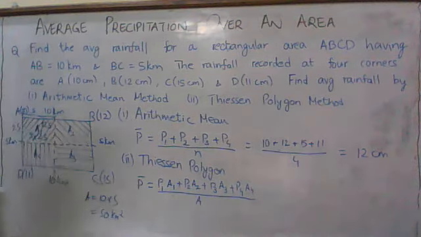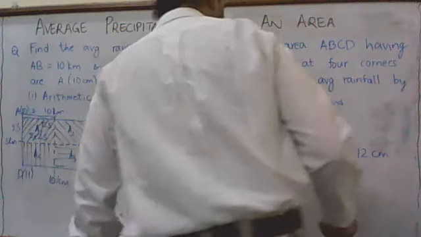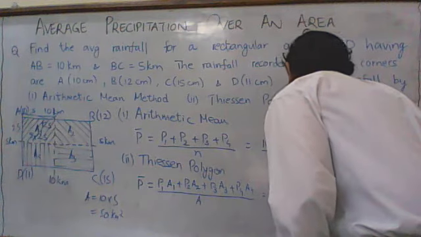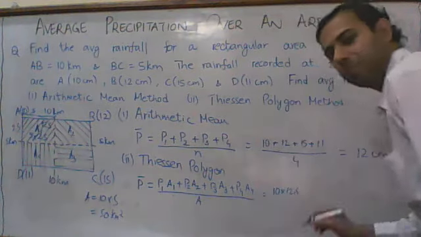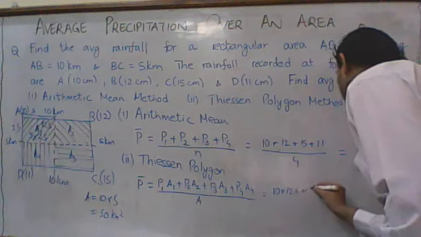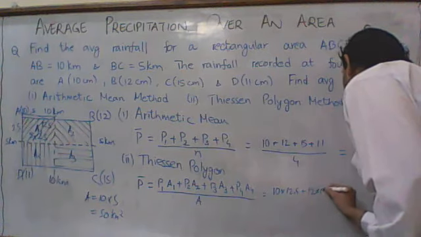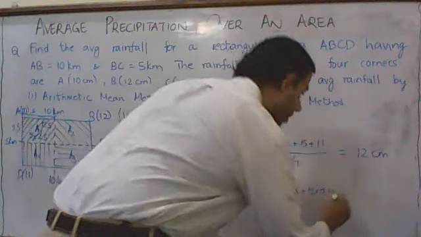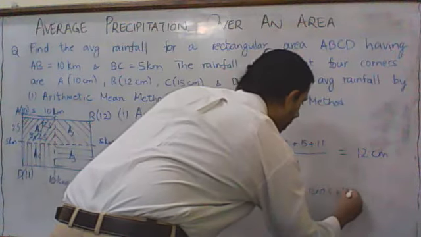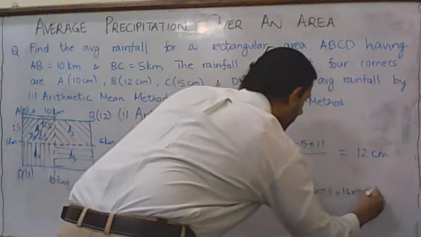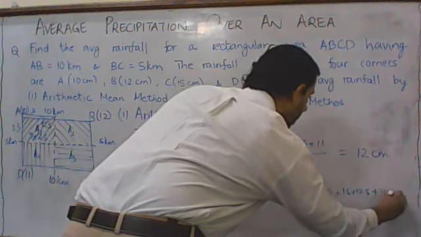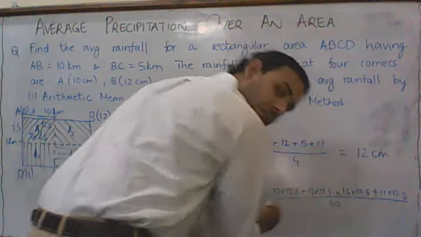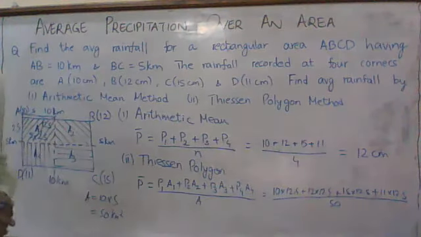So just simply substituting the values, what will you get? 10 into 12.5 plus 12 into 12.5 plus 15 into 12.5 plus 11 into 12.5, whole divided by 50.